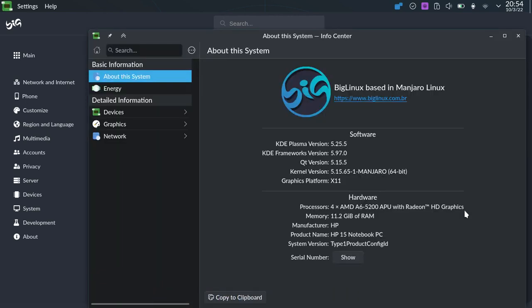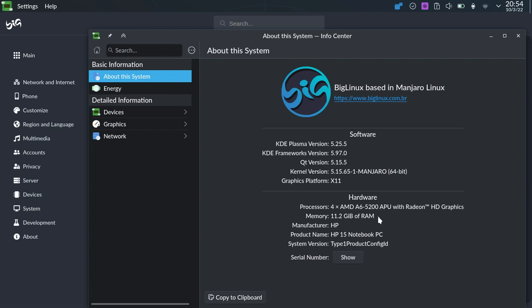I'm actually running the 5.15.65 kernel version of Linux, and Big Linux is based on Manjaro Linux. Can you see this one? I only have a quad-core AMD A6 with a 5200 APU with Radeon HD graphics, which is my old chip in an HP computer.